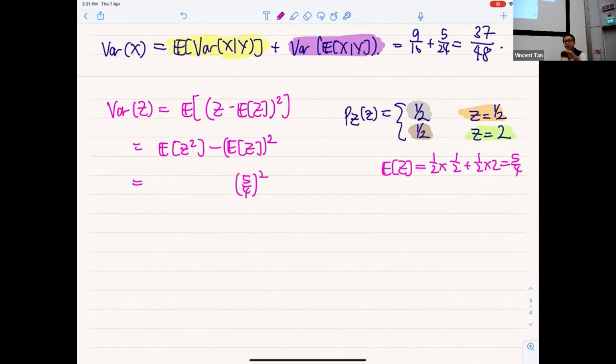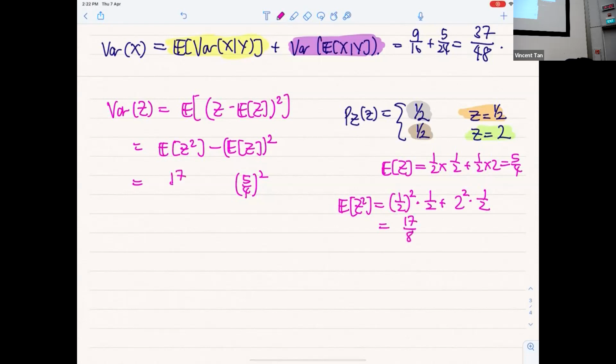All right, so the first moment is done, and the second moment requires a little bit more work. For the second moment, just look at the PMF here. You are required to square this: half squared multiplied by half plus 2 squared multiplied by half. So that's 1/8 plus 2, which is 17/8.